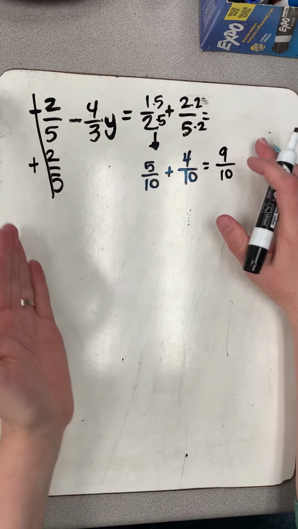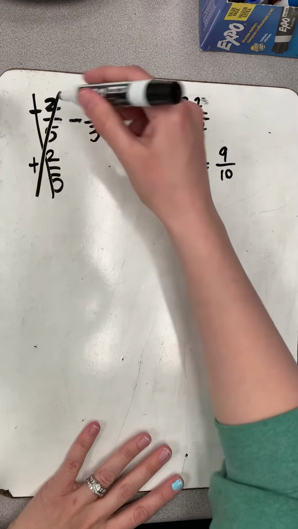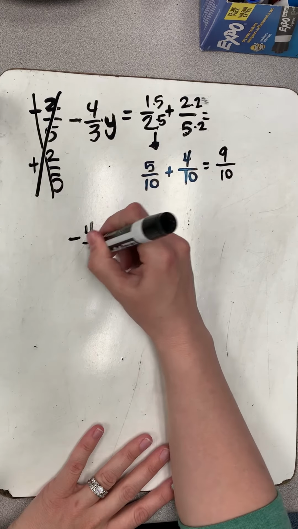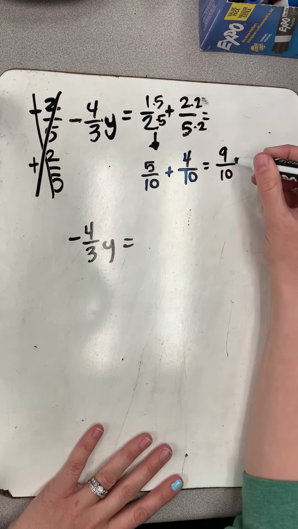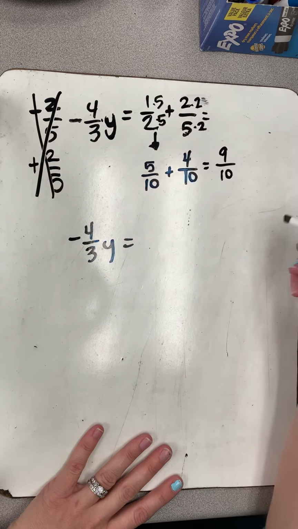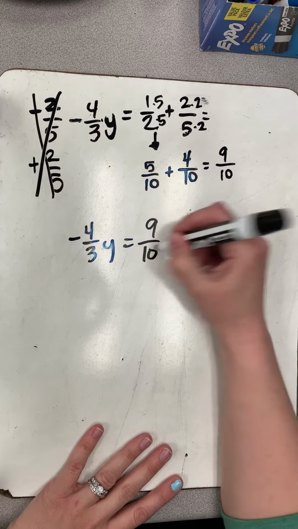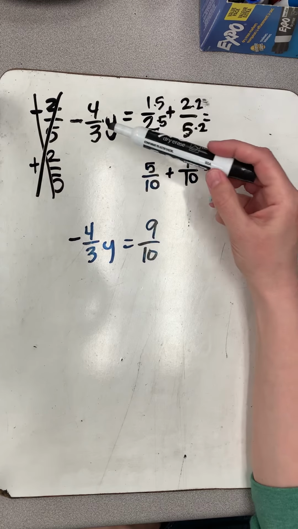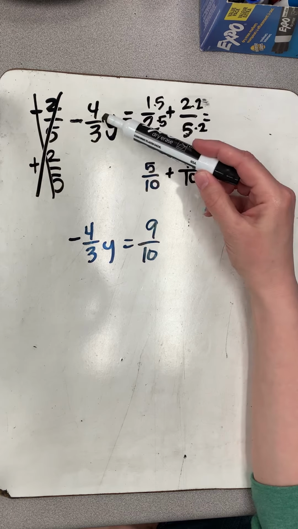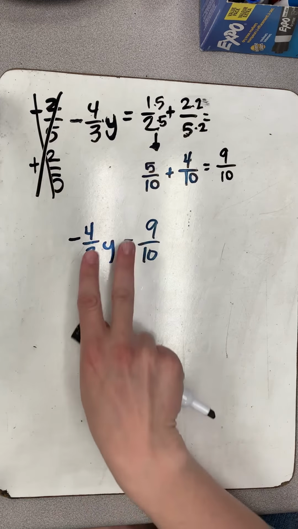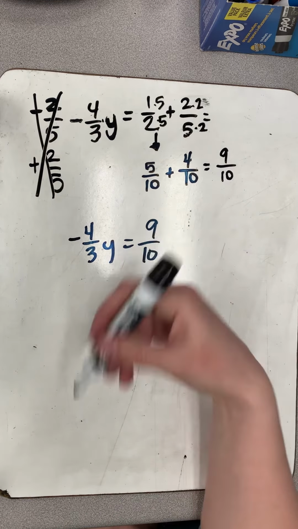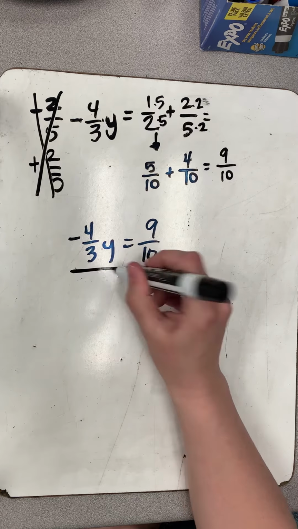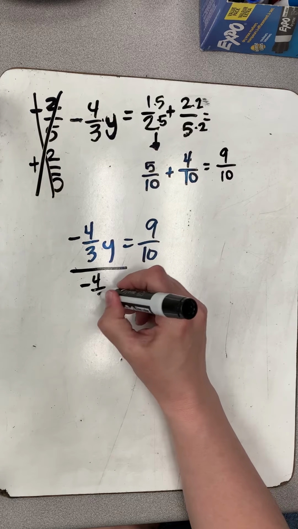So if I come back to my equation and I say, okay, I got rid of that by doing the opposite, it's no longer on that side. I still have a negative 4/3 y is equal to, now that I've done all of this, 9/10. So what I was saying before was, remember we have this and these two numbers are multiplying because they're touching. So we want to undo multiplication by dividing. I'm going to do a fraction bar because that's what I like to see.